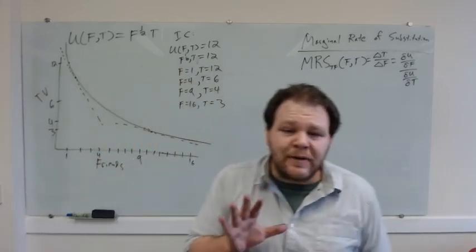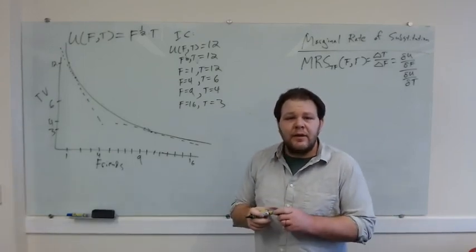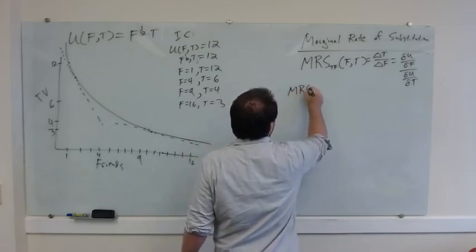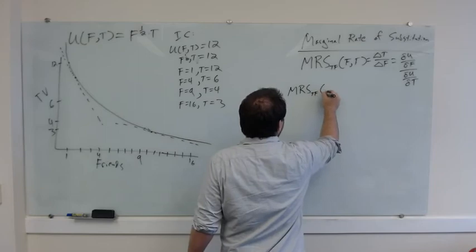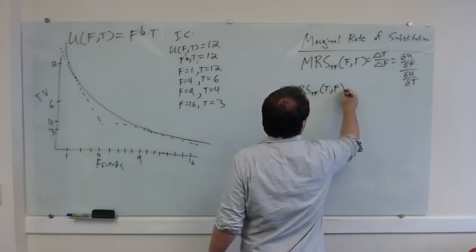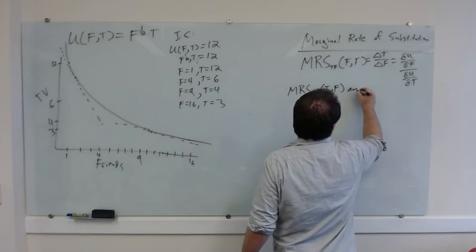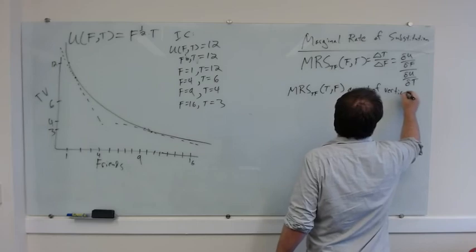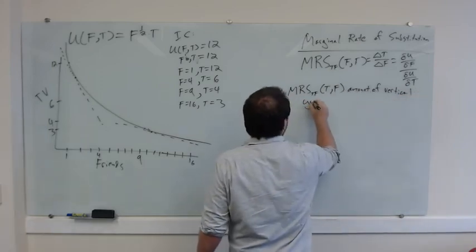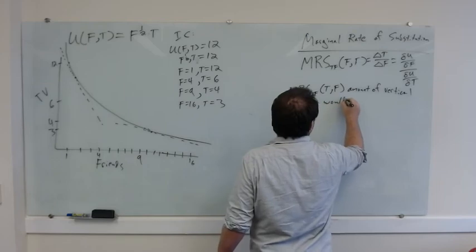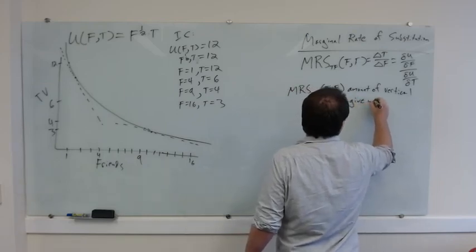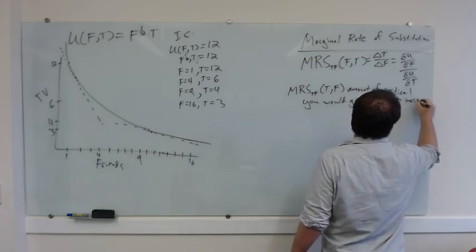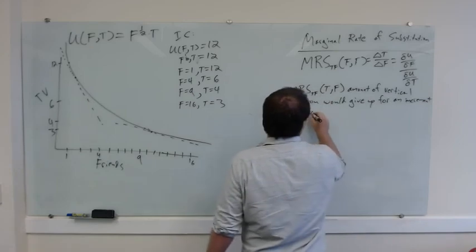Okay, so a couple of final things to leave you with about the marginal rate of substitution. The MRS for any two goods is the amount of vertical good you would give up for an increment of the horizontal good.